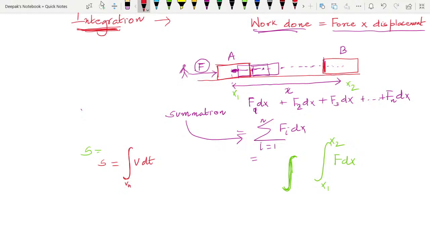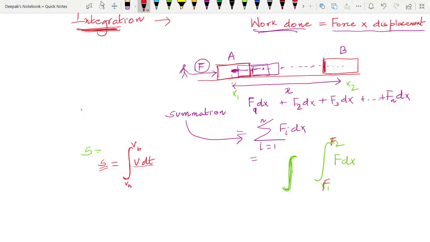Let us say the initial velocity is va and final velocity is vb. So here this can be f1 also, right? Understand what I'm saying? So integration can help you find displacement also.